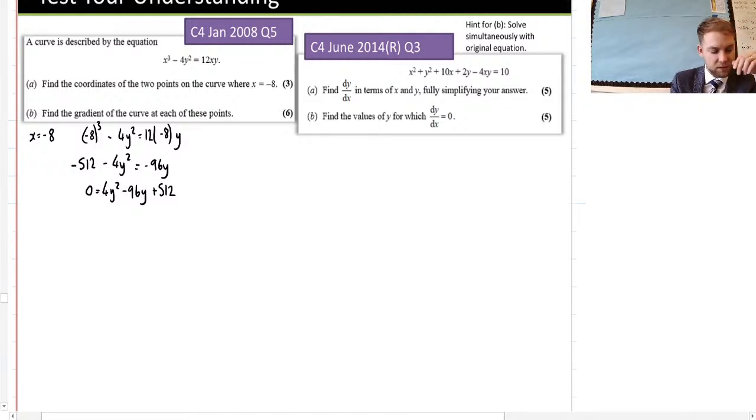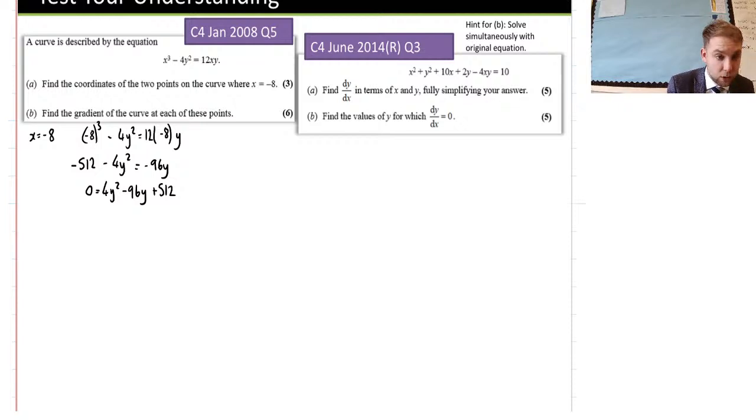Now if I want my two values for that, I need to type those straight into my calculator. Let's do that then. Here we go.